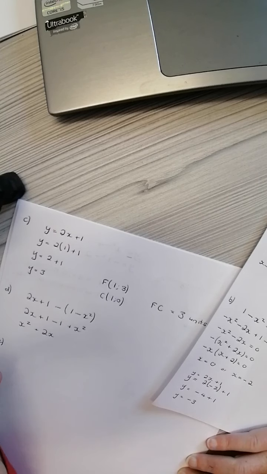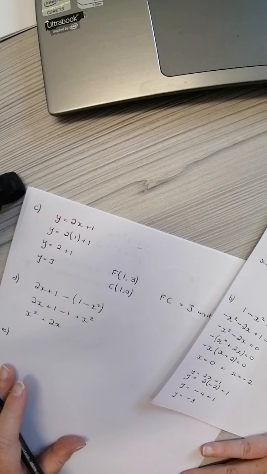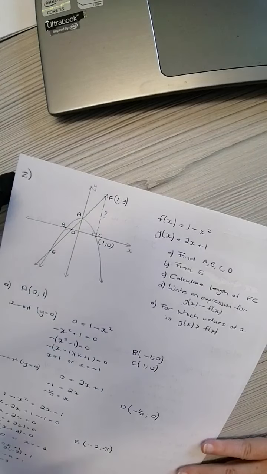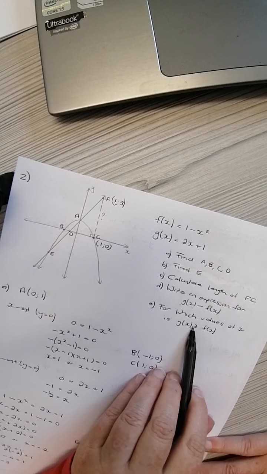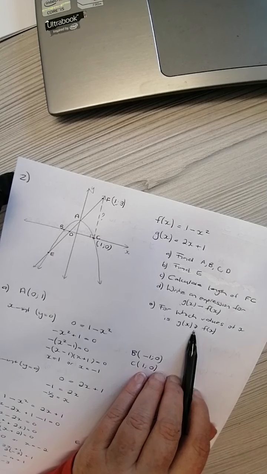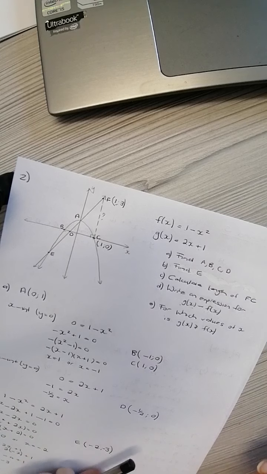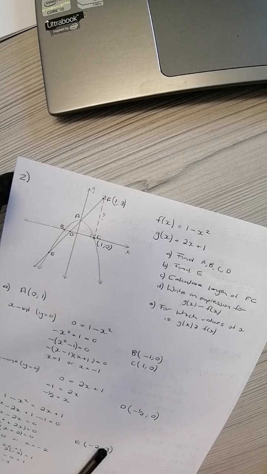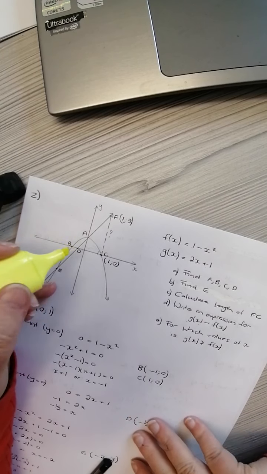Then number E, it says, for which values of x is g(x) greater than or equal to f(x)? In other words, where is g(x) higher? It's greater. And you can have a look. I'm going to use a highlighter here. And you'll see g(x) is above.